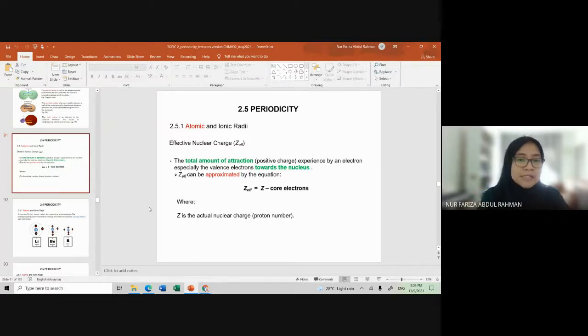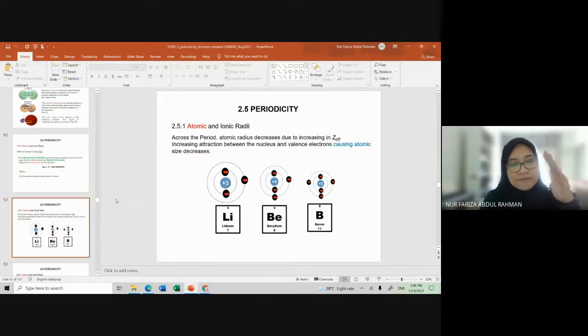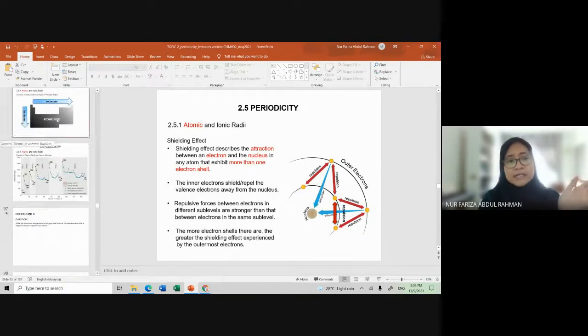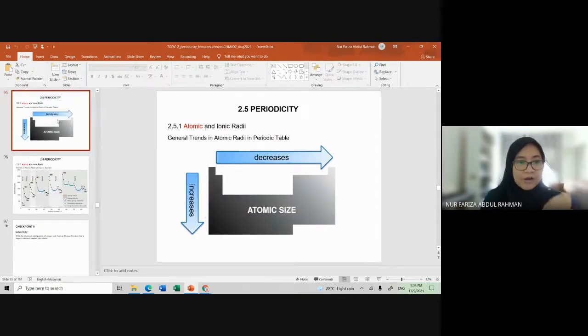More electrons means more repulsion, which means greater shielding effect, and causes the attraction to be weaker, and thus the size becomes larger. At the end of the day, it's all about the attraction between the nucleus and the valence electrons. We learned that in our previous lecture, and then we have the general trend across the period and down the group.